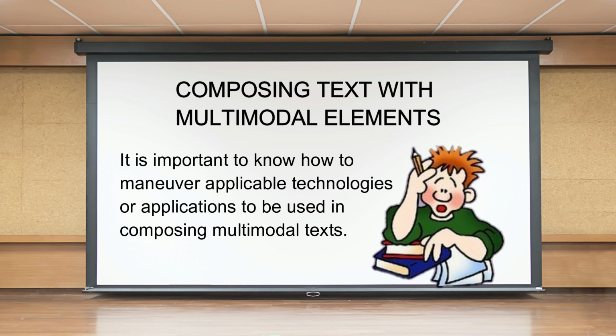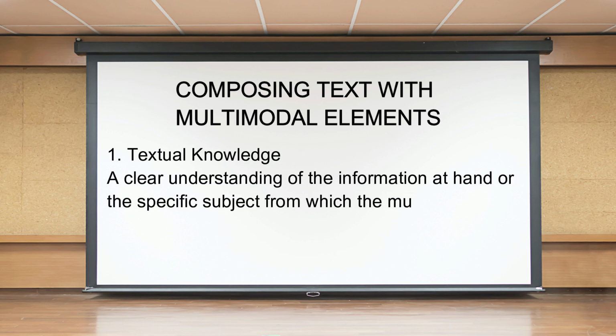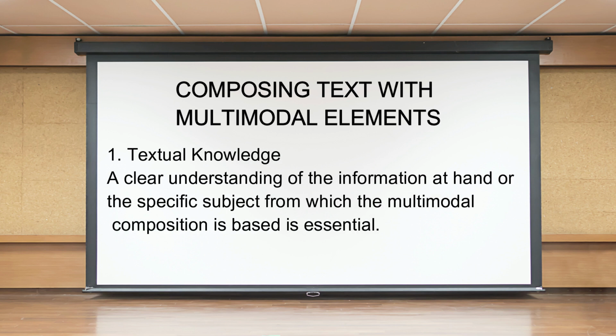The list below presents essential considerations in composing or producing effective multimodal texts. 1. Textual knowledge. A clear understanding of the information at hand or the specific subject from which the multimodal composition is based is essential.